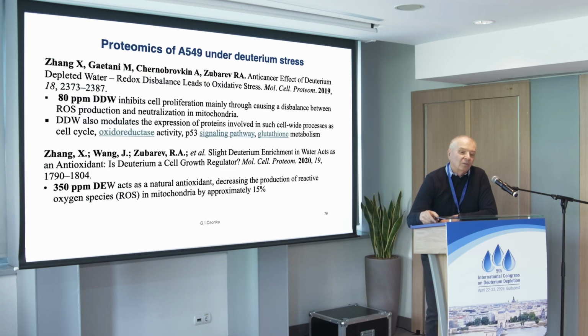So our thinking started from these two excellent papers of Zubarev and colleagues, which were mentioned, so I don't speak about that more. You know now what it's about, so I can spare some words.